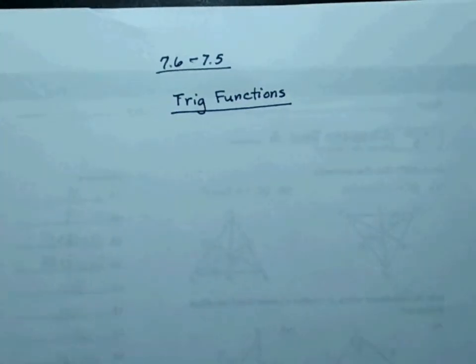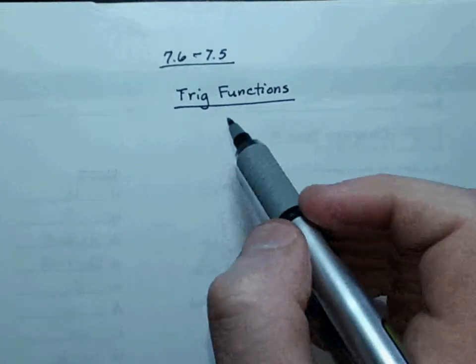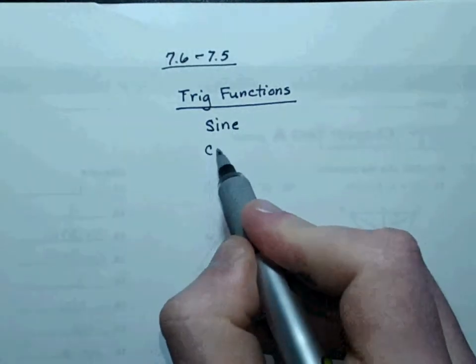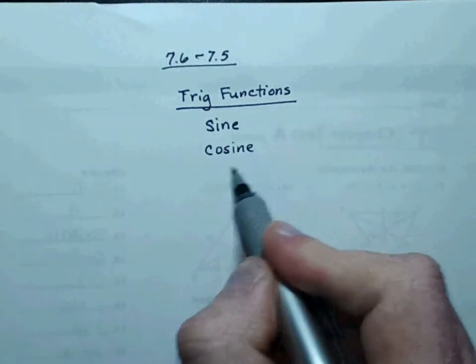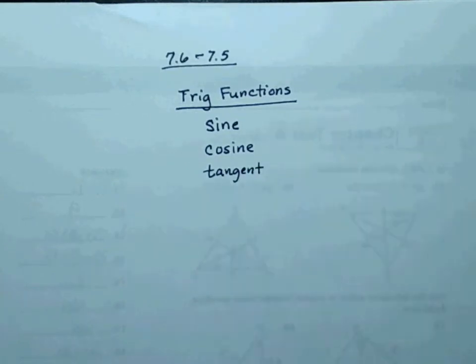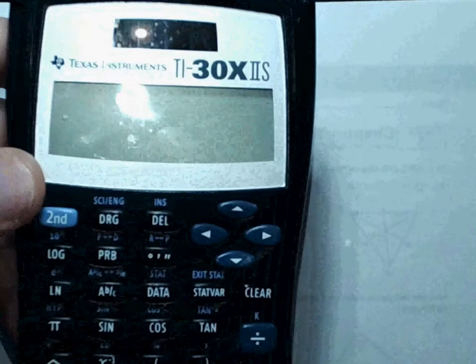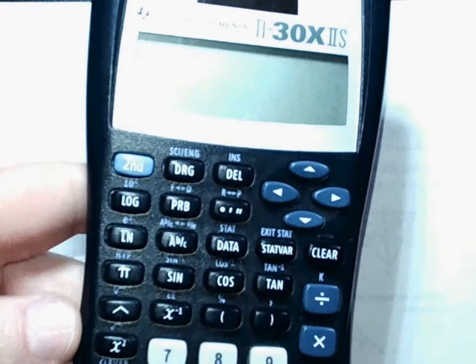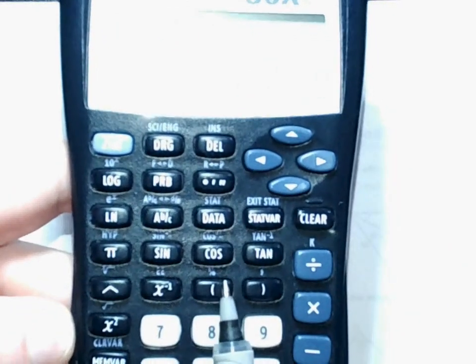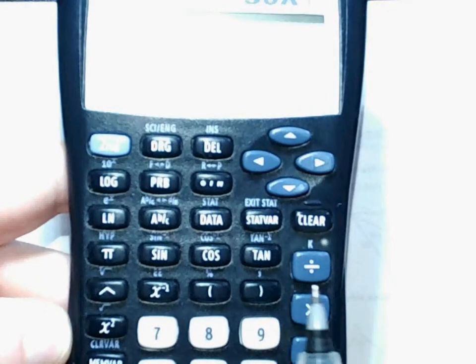There are three trig functions that we're going to talk about. We call them sine, cosine, and tangent. If you look on your calculator, whether you have a graphing calculator or a calculator like this, you'll see that you have these three buttons, SIN, COS, and TAN.